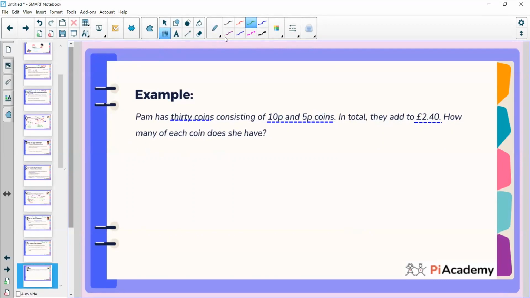So what is our first step? Our first step is to assign variables to the number of coins of different types. Let me write up the heading, assign variables.